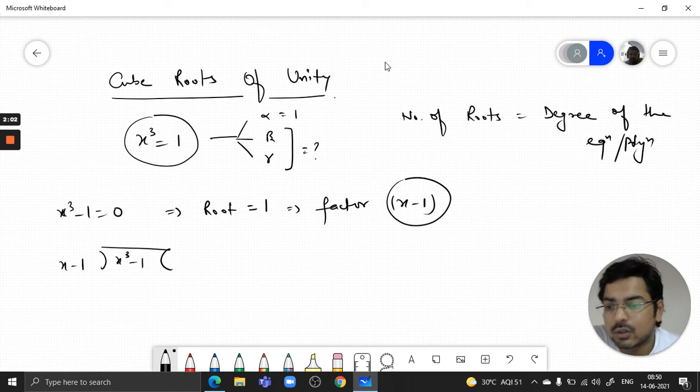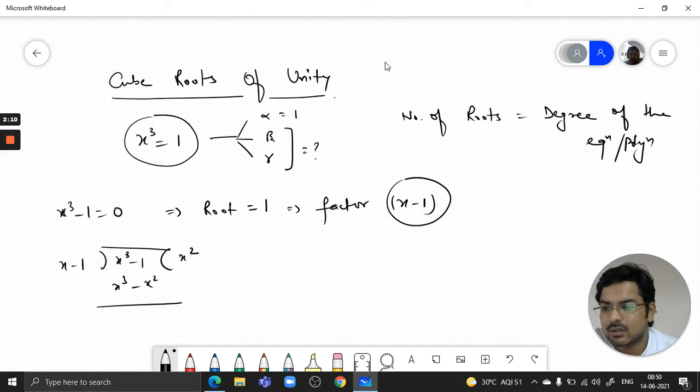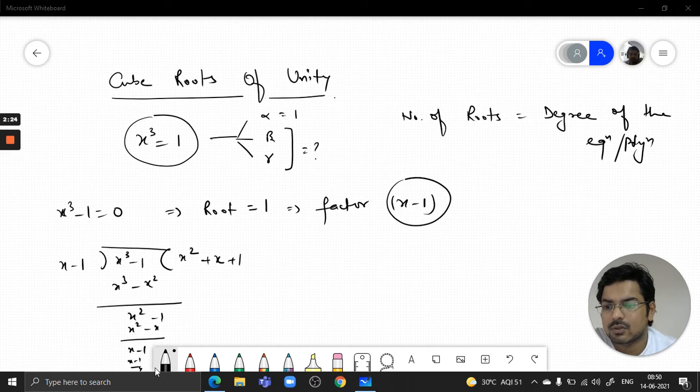Okay, so let us divide. We get x square, x cube minus x square, we get x square minus 1. Then plus x square minus x, we get x minus 1, and we get plus 1, x minus 1, and so on.